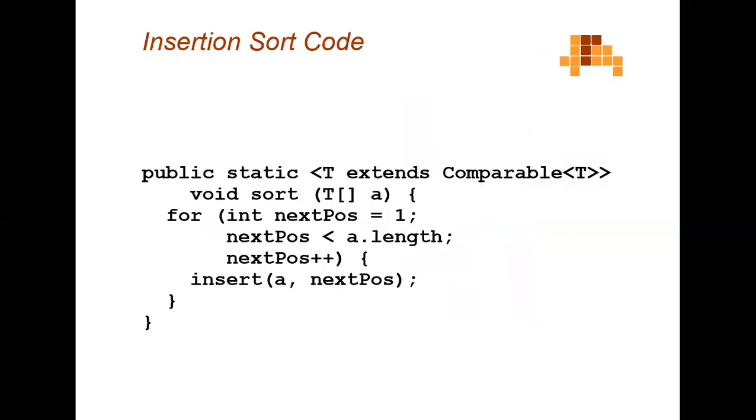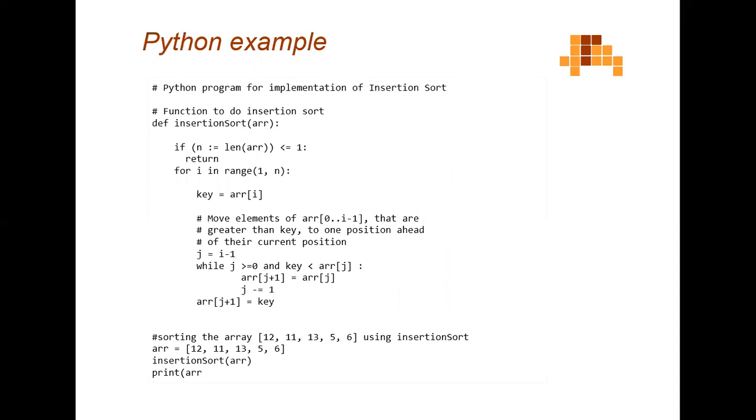If you have a Java example here again, the first step is to insert, and then you go through all the values. It's not visualizing the step of taking one value, but it's like that in general. But the Python example here is much better in my opinion.